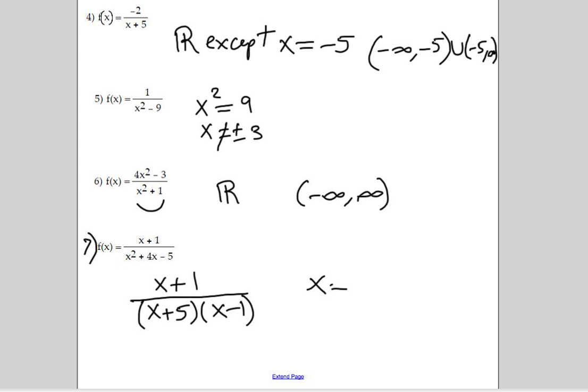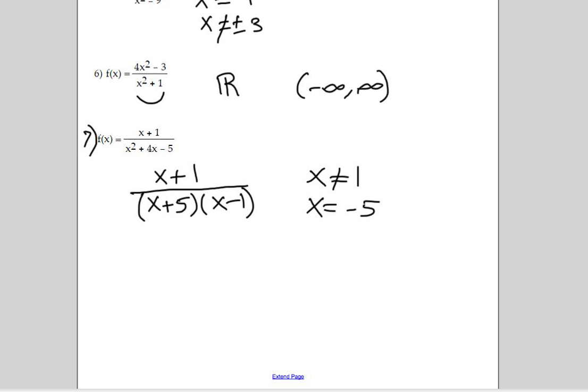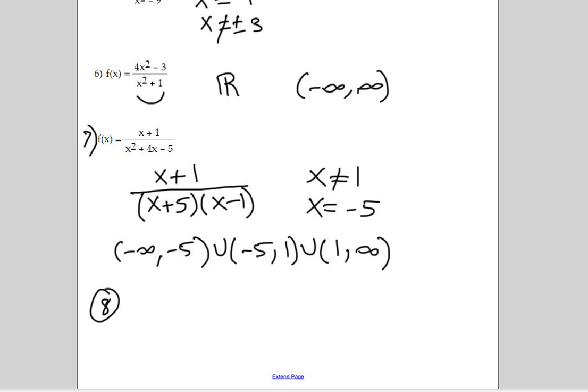So here x cannot equal 1 and it cannot equal negative 5. So all real numbers except for these two. That would be the domain. In interval notation, you say from negative infinity to negative 5, then from negative 5 to 1, and then from 1 to infinity. But let's give another example.